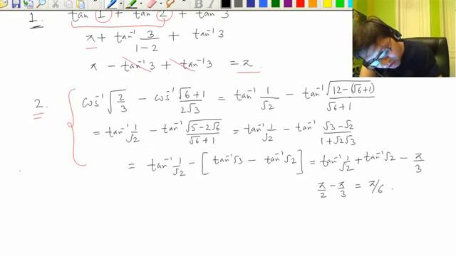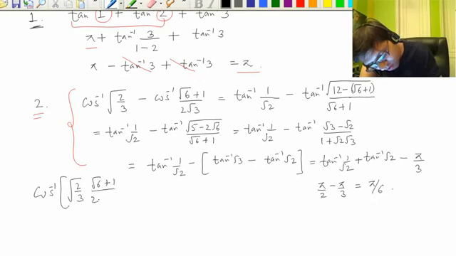Cos inverse a minus cos inverse b is cos inverse of the product of these two, root of 2 by 3 into root 6 plus 1 over 2 root 3. If there is a minus sign in the formula, we have a plus sign here.